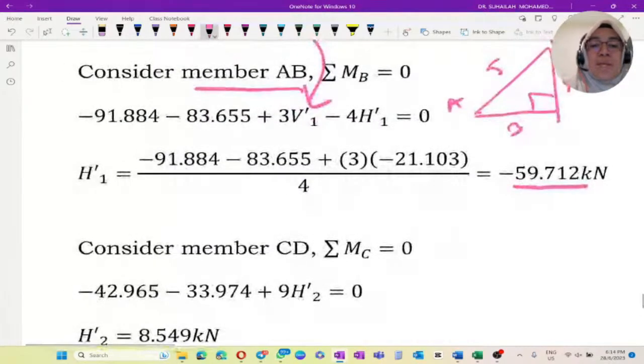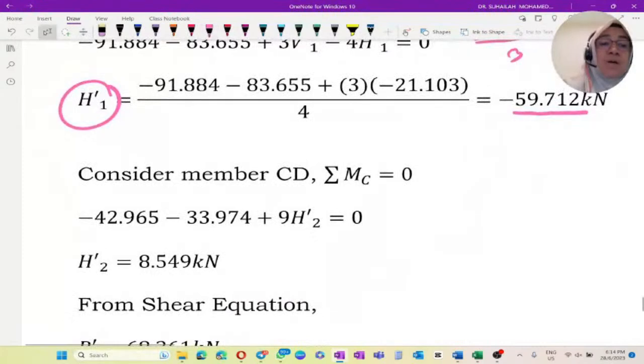Since H1 has been determined, the next step is to calculate the H2 value. H1 is actually AX prime, H2 is actually DX prime.